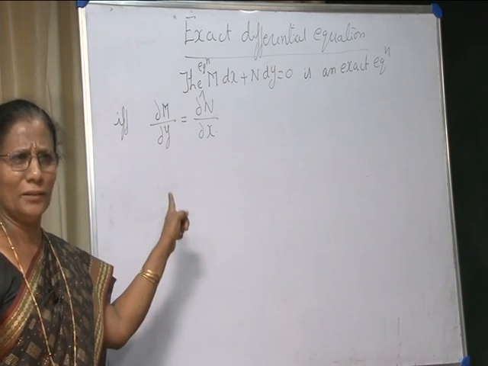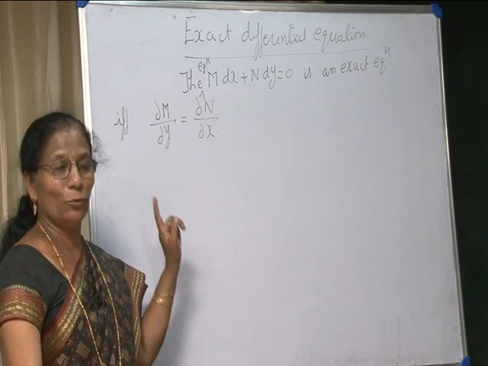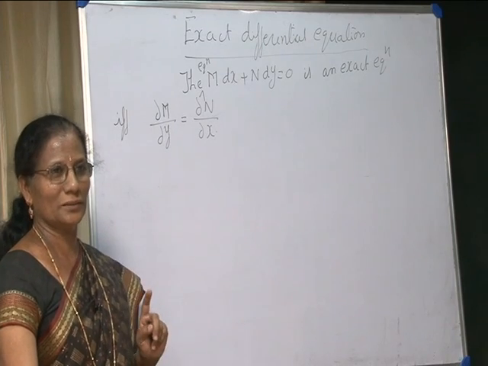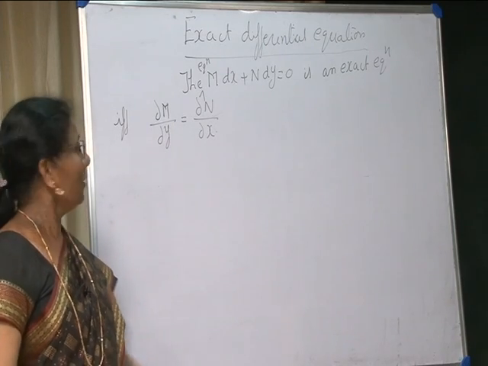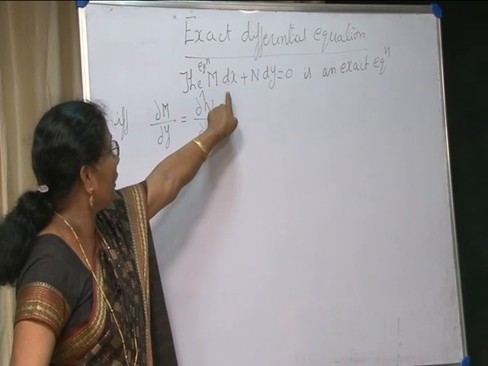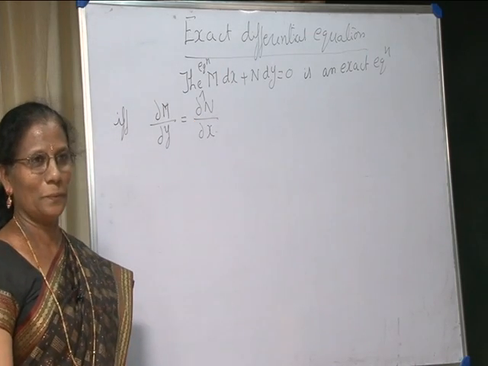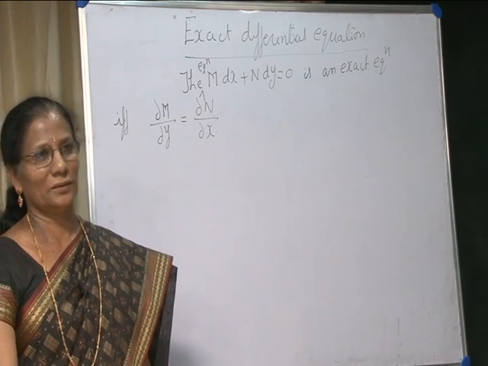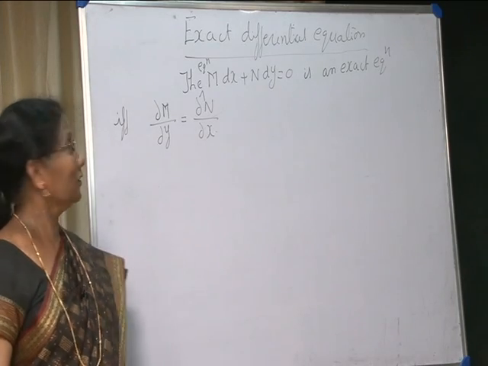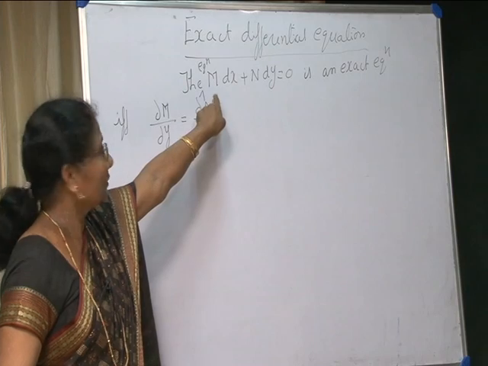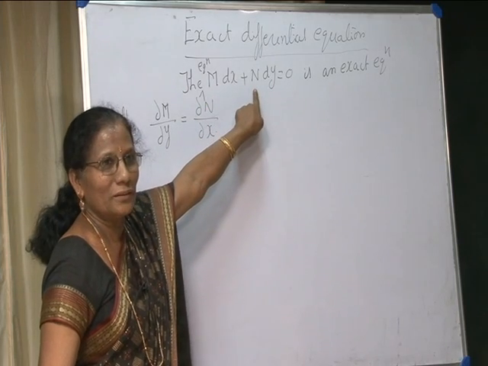Why do we call it partial differentiation? Why are we going to indicate this? First we have to understand: already you have seen the equation M dx plus N dy is equal to 0 in the variable separable method. In the variable separable method, M is a function of x and N is a function of y.